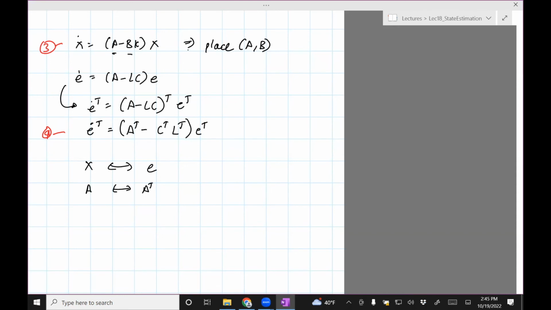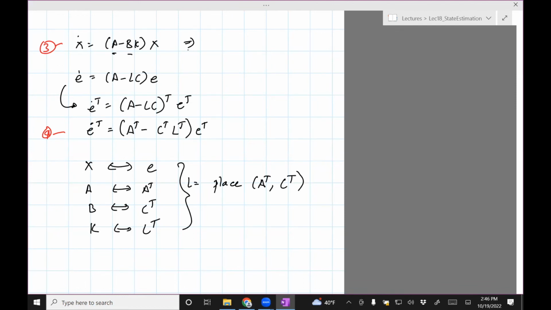The B is the same as C transpose, and K is the same as L transpose. So in order to choose the eigenvalues of A minus LC, what we do is we use the same command place, but replace A with A transpose and B with C transpose. And this will give me L transpose, which actually gives me K.